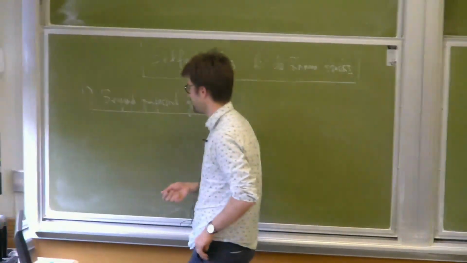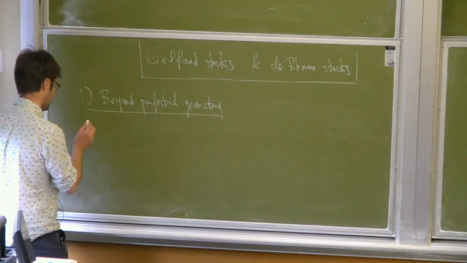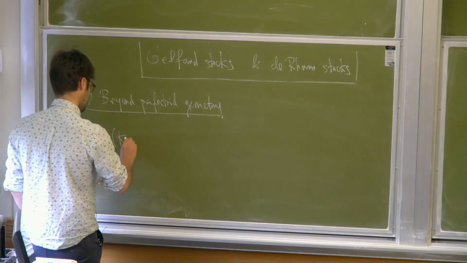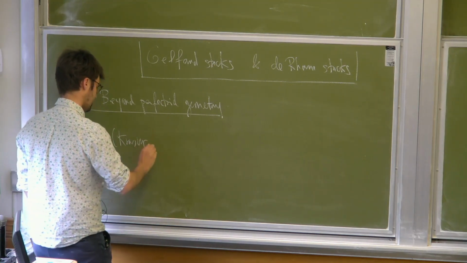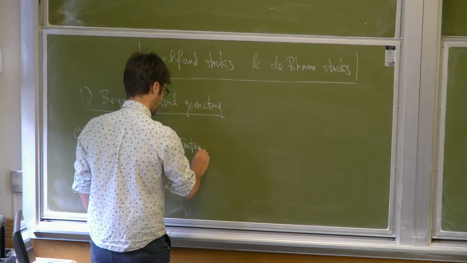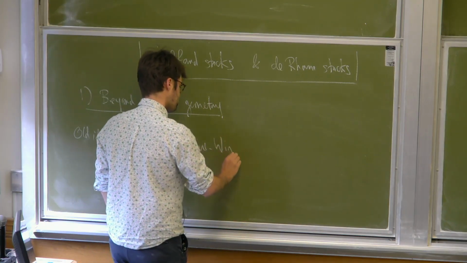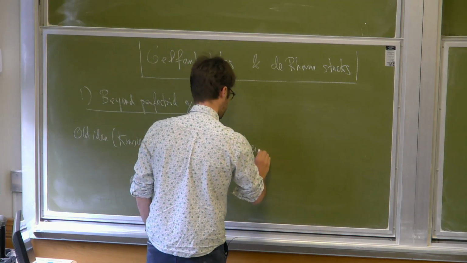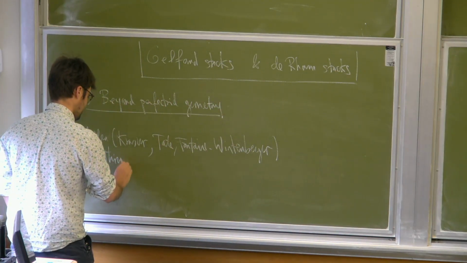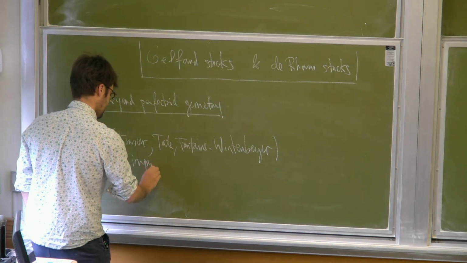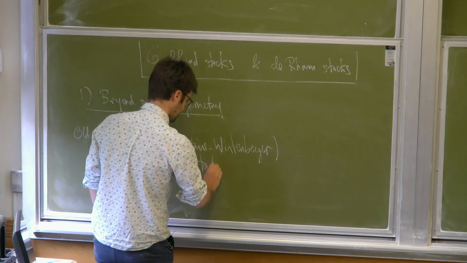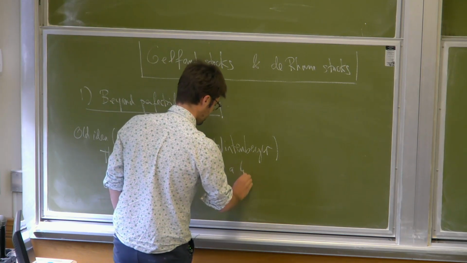And so the way you deal with this is a very old idea, which I think goes back to Krasner, then Tate, maybe also Fontaine, Wintenberger. Is that things improve after extracting a lot of p-power roots.